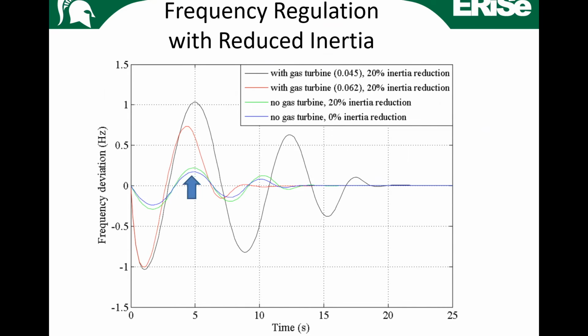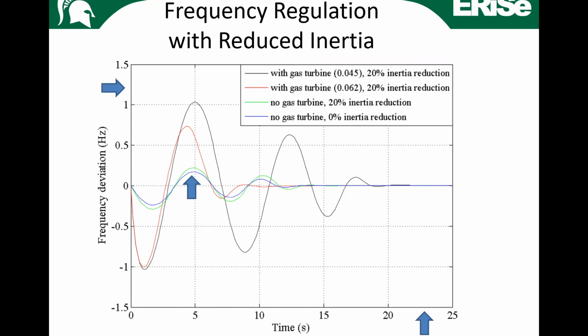This blue curve is the response to a 10% change in load on a system without any displacement of conventional generation, that is with no renewable generation and no gas turbine. And I'm coming to gas turbine in a minute. This is the time axis, and this is the frequency deviation axis. So you see how the frequency deviates a little bit, oscillates, and settles down on the blue curve.